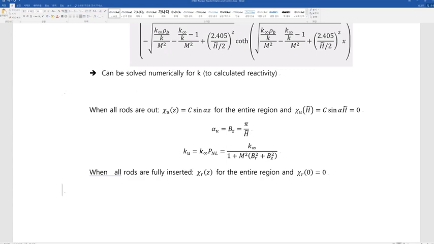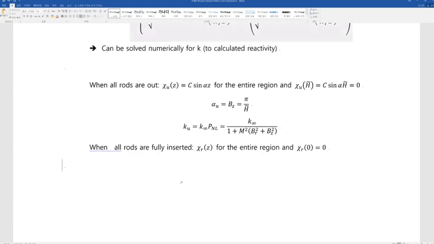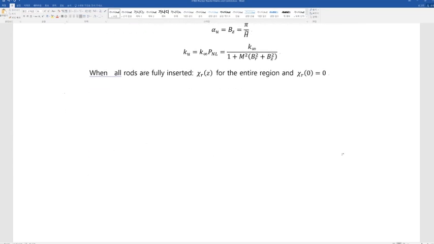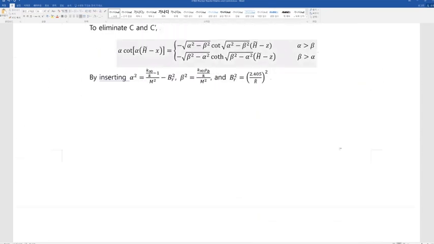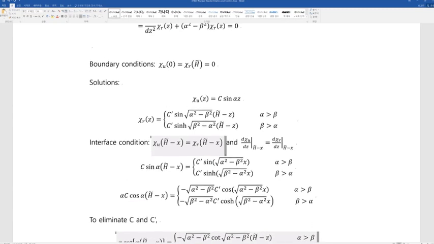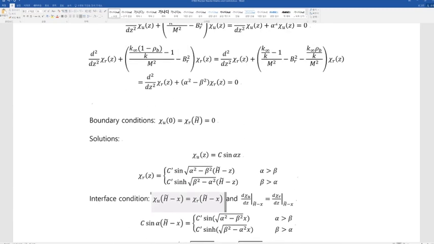And so in that case, we'd better utilize this equation here.